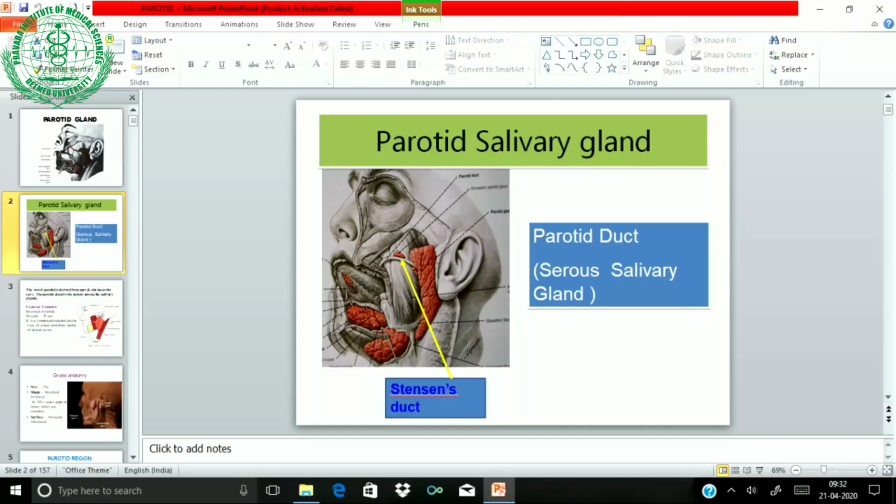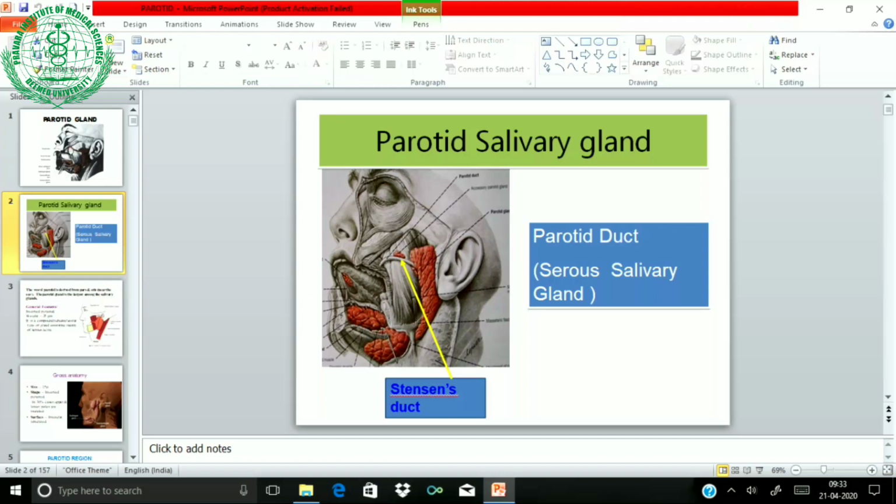So in this way, the parotid salivary gland is an example of the largest type of serous salivary gland in the body, because the structure of the parotid gland shows a greater number of serous acini as compared to mucous acini.